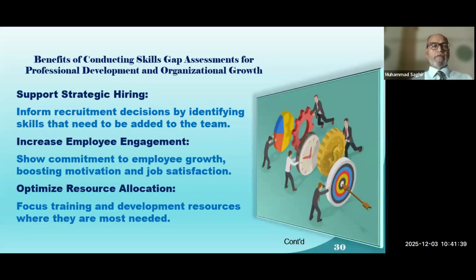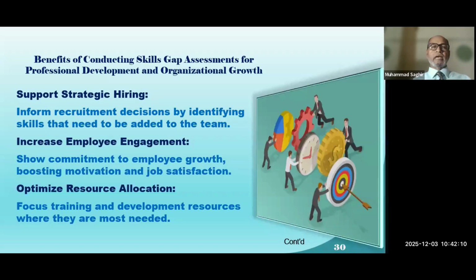And there are some more benefits, like support strategic hiring: inform recruitment decisions by identifying skills that need to be added to the team. At the hiring stage, you know what type of skills are required, and then accordingly you hire the staff.